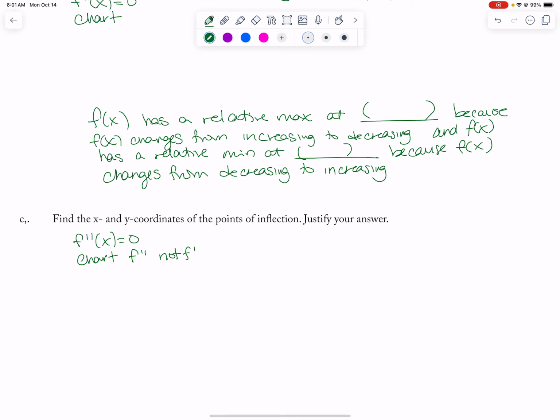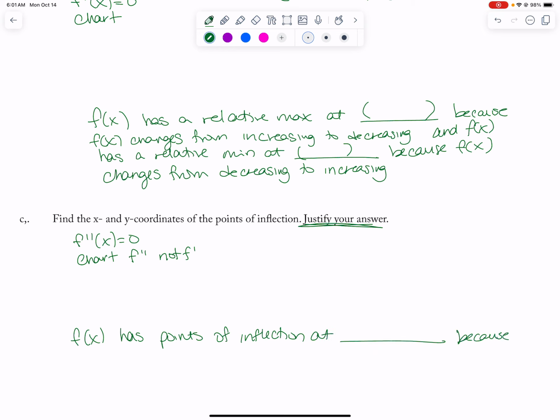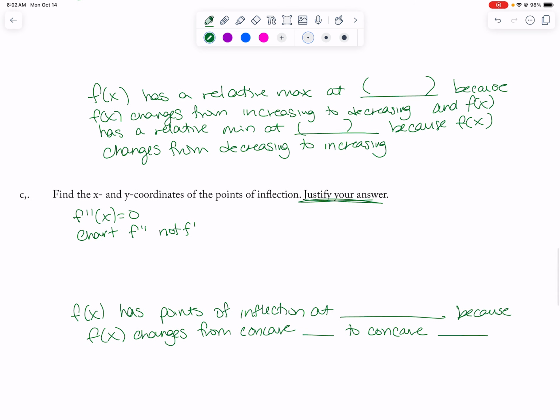And then my points of inflection, I would say f of x has points of inflection at whatever, because f of x changes from concave whatever to concave whatever. So like up to down, down to up. And that's it for this section.